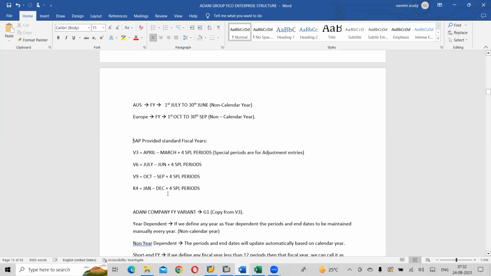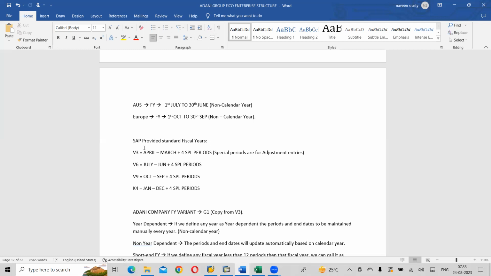So here, as I said, Adani said they want to go with A3 or A1 or A2. To create that, first we need to copy the variant and all its attributes. There are almost 441 attributes. If we create it from scratch, we need to create all 441 attributes, and it will take a lot of time. It doesn't mean that we can't create our own variant, we can, but we need to do 441 attributes.